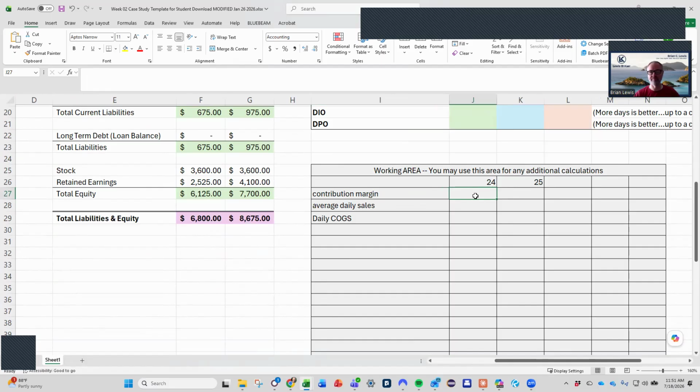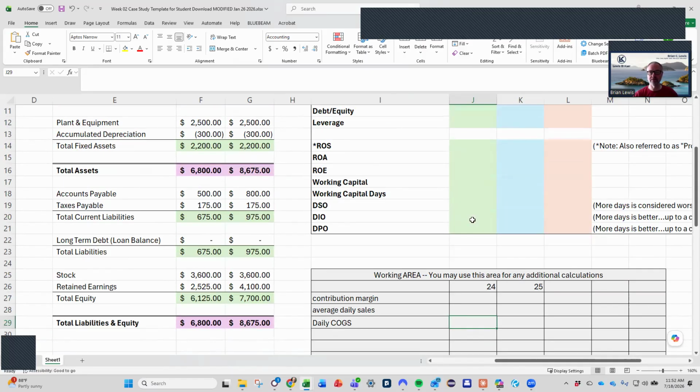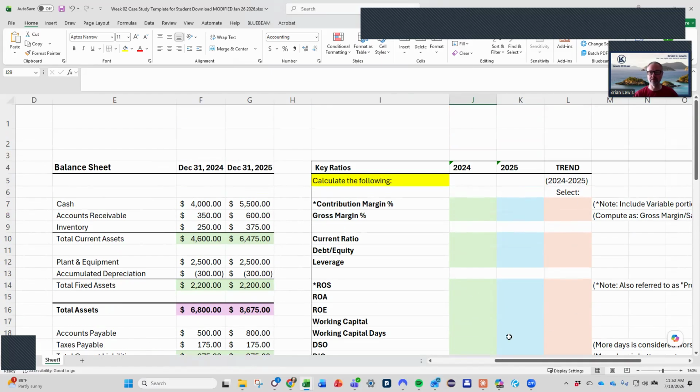Do a calculation, right? This is where you figure out what your contribution margin is, which is your revenue minus your variable costs. You can figure out what your average daily sales are, your daily cost of goods. You can do any of those calculations here and reference them in your formulas up here.